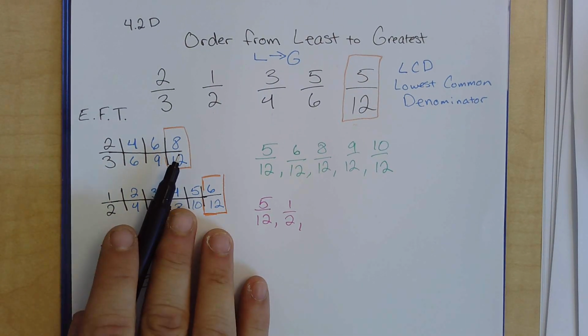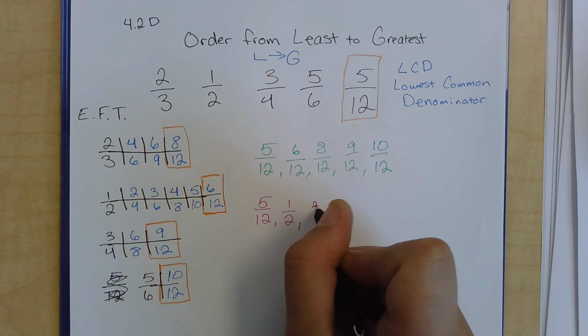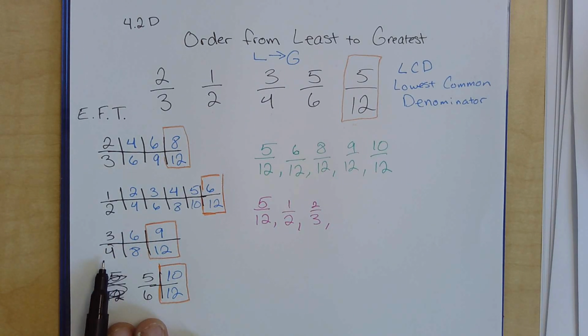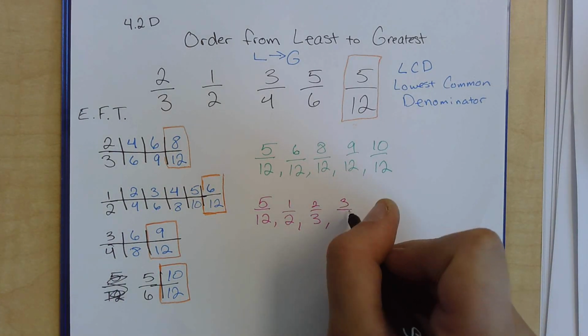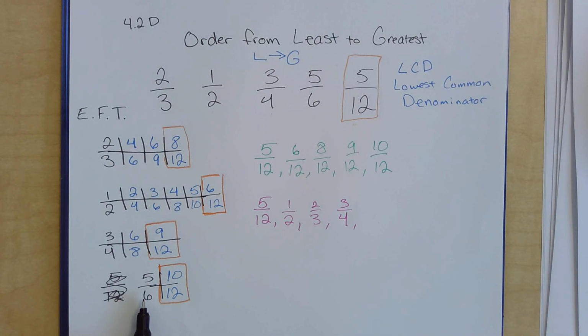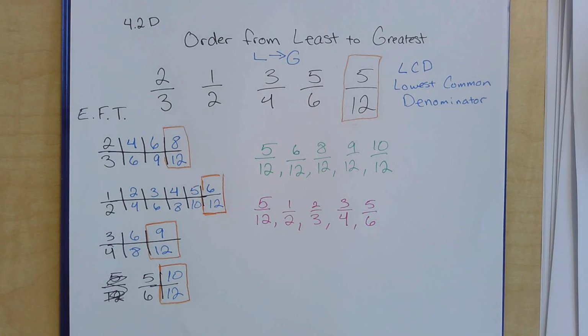Eight twelfths is really 2/3. 9/12 is really 3/4. And of course, 10/12 is really 5/6. So that is one way to do it. Okay. I will show you a second way right now.